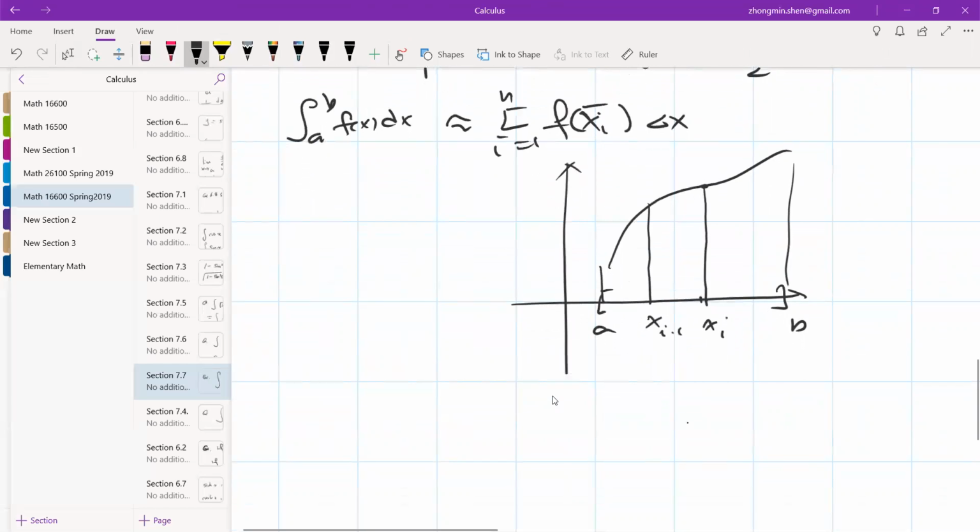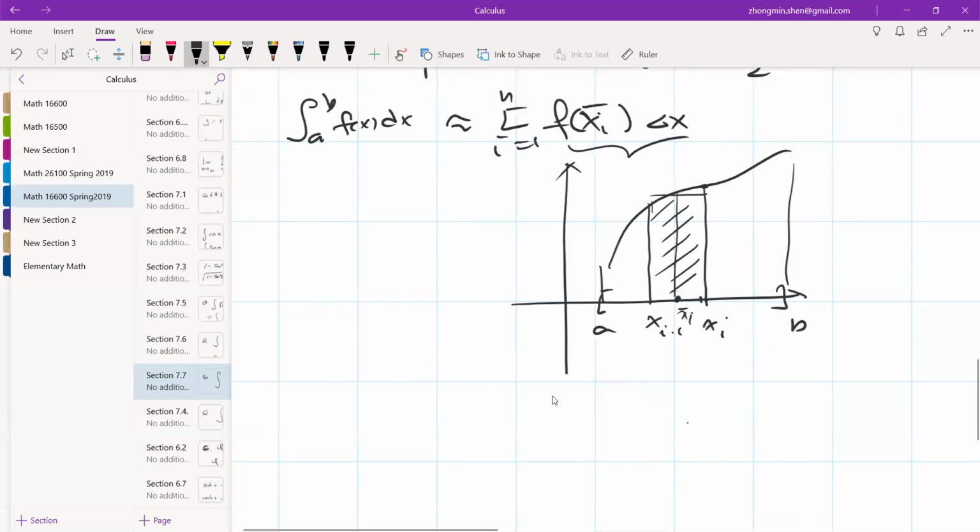What is the meaning of the Riemann sum? The Riemann sum here uses the middle point, this is xi bar. So actually, what we did here, we use a rectangle to approximate the area. This product is just the area of this rectangle.